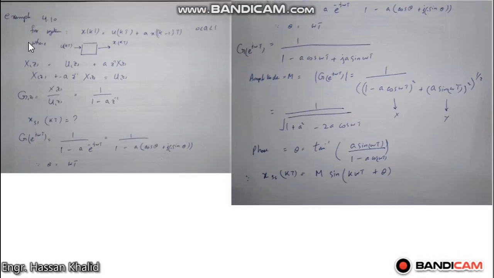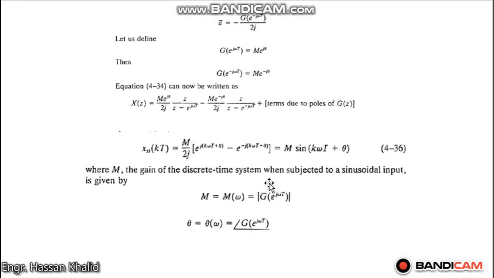Now you need to define your steady state output equation. In slide number 6, equation 4.36 states that x(kT) steady state is equal to the magnitude M divided by 2j into sin(kωT plus theta). So you require only two quantities in your equation: one is the phase and the other is the magnitude.